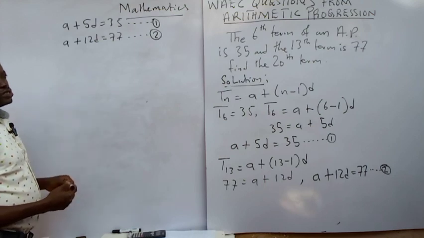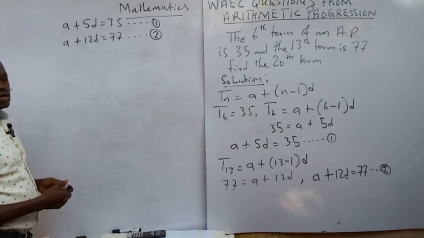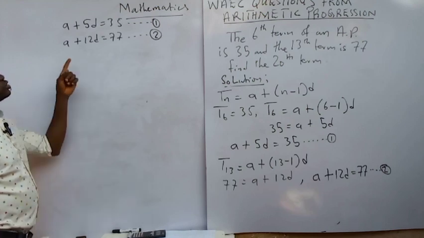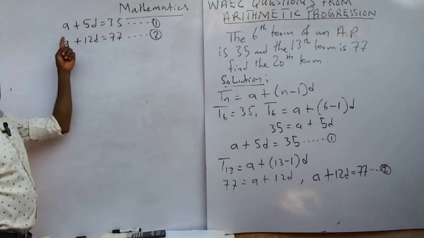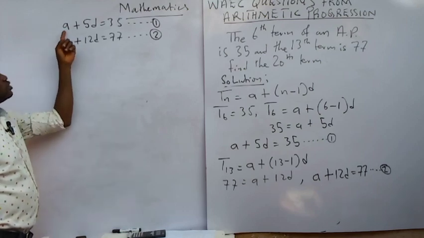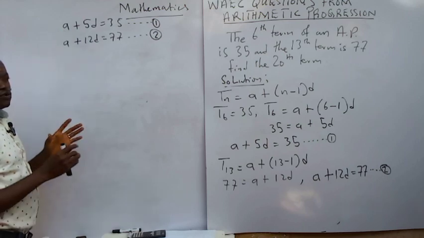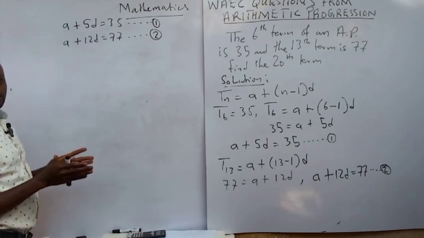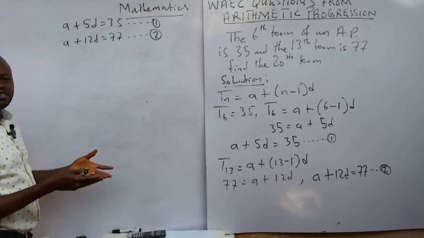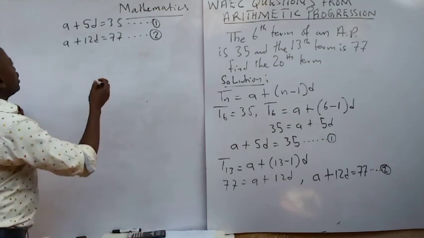In solving simultaneous equations, you can use either the elimination method or the substitution method. In the elimination method, you make sure that a variable has equal coefficients. As you can see here, this is 1A and this is 1A. The coefficients are equal, so it is easy for me to eliminate, meaning take away, remove out of the way.